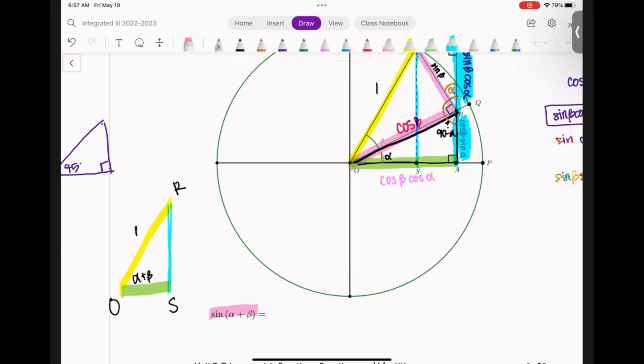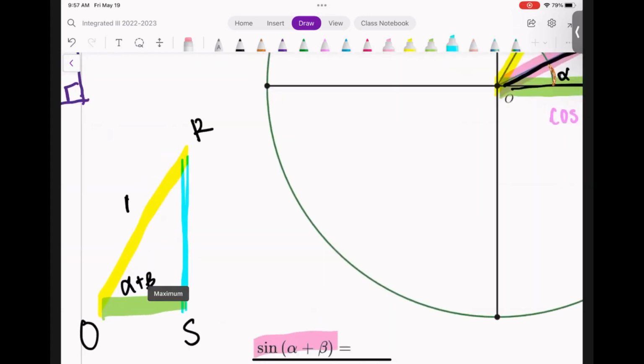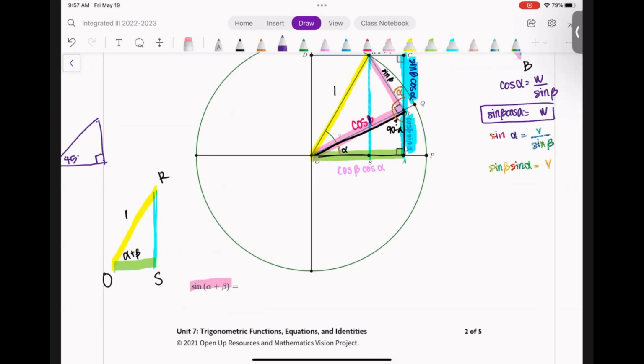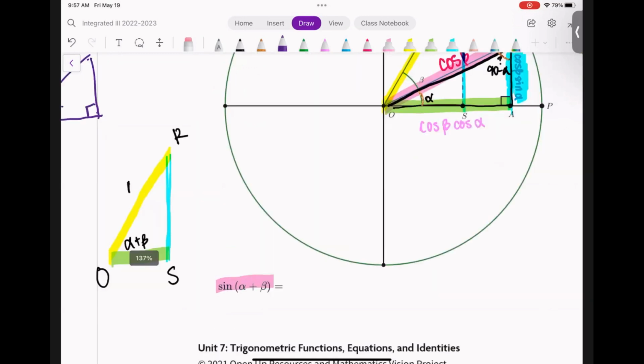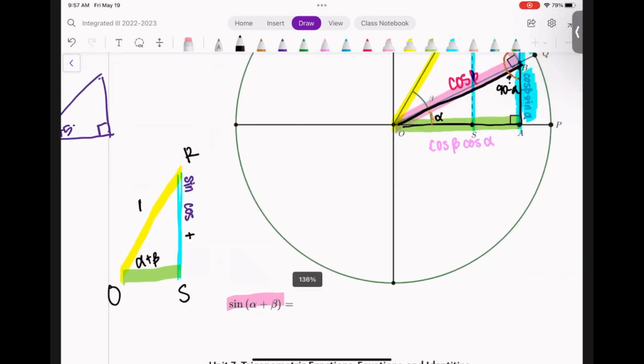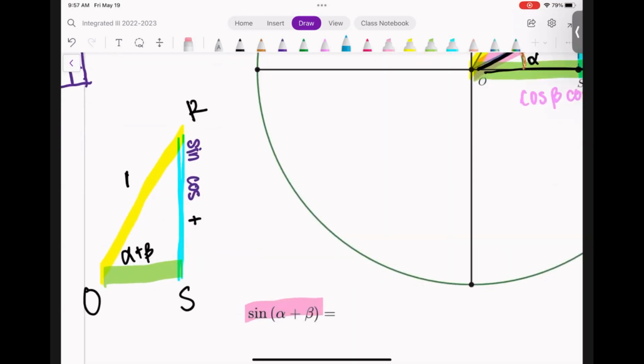Okay. So the way I like writing it is I like writing sine cosine plus cosine sine. So I'm going to write it exactly as I remember it. Let me grab it in the two colors that I did it. So I'm going to write sine cosine, and then I'm going to put up a little plus sign, and then I'm going to put it in blue, cosine sine.